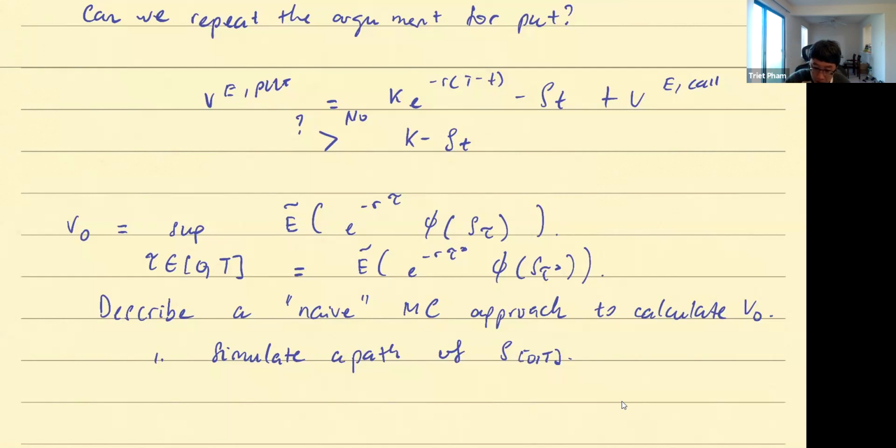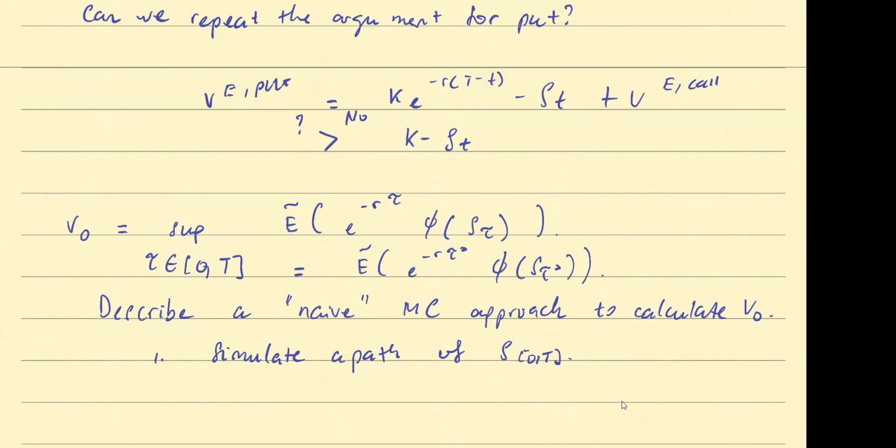Let me ask you this. Forget this tau star for now. How would you get a hold of tau? Do we just, because in the first line we're just taking the max, so we would first test every time point, I'm assuming.